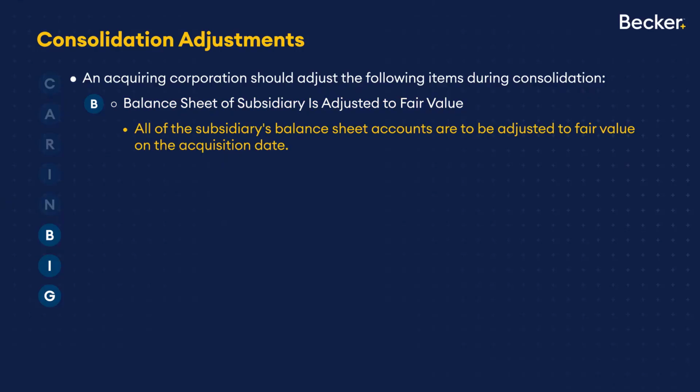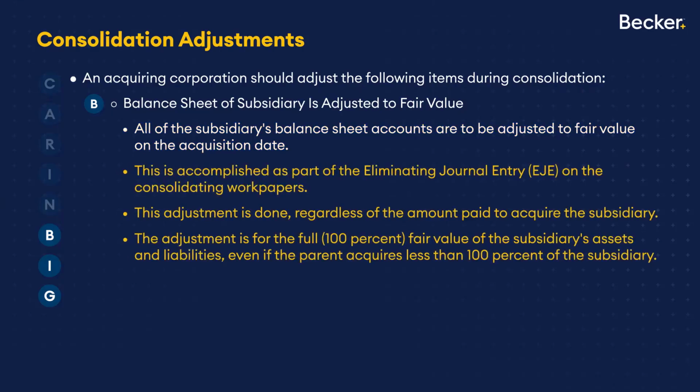One is the balance sheet. What the subsidiary does have recorded is adjusted to fair value. For example, if the subsidiary had a building, well, that building might be on their books for $1 million because they bought it several years ago, but now it's worth $2 million.